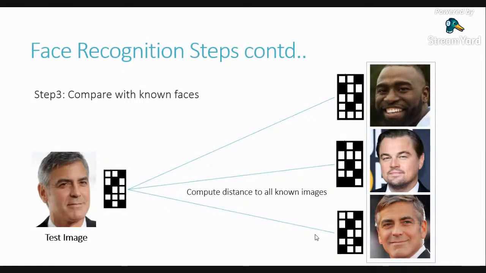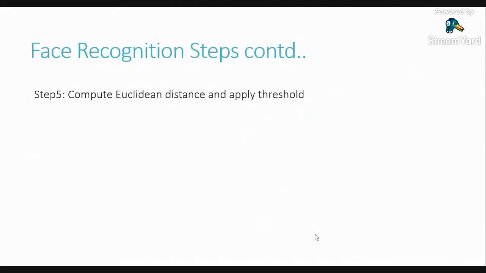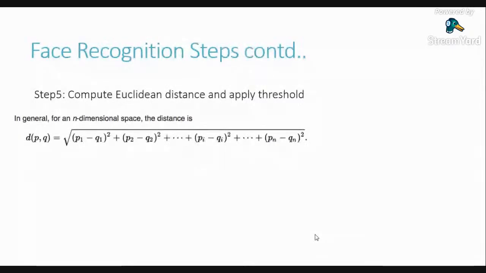So what does computing the distance mean? It is step 4, where we compute the Euclidean distance and apply a threshold. Euclidean distance is the most commonly used distance function in machine learning. If you don't know it, I have provided an equation for it.